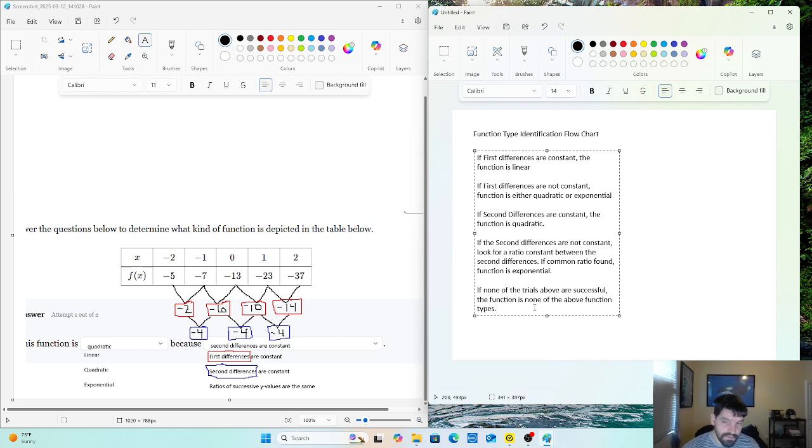Now, if you wanted to go above and beyond, you can graph this as well. The only thing that's unfortunate about this table in particular is that quadratic functions are very symmetrical around their line of symmetry.